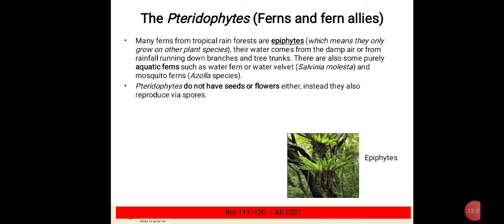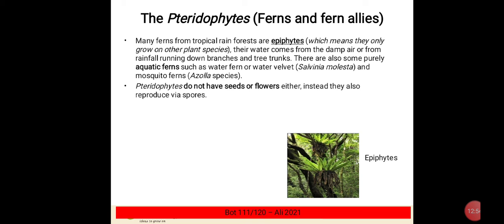Now, pteridophytes, we say that they have true roots, they have true stems, and they have true leaves. But we said one thing: these pteridophytes do not have flowers, therefore meaning they do not bear seeds.